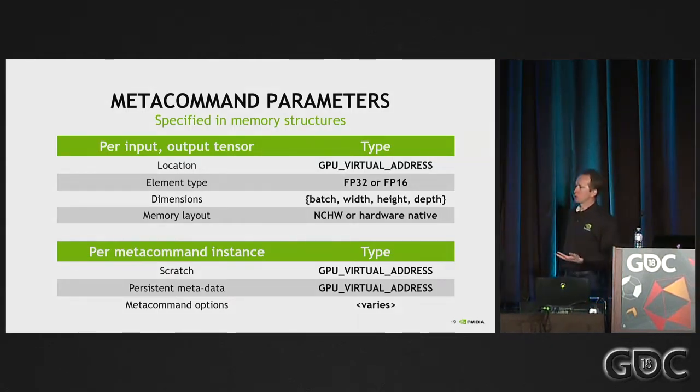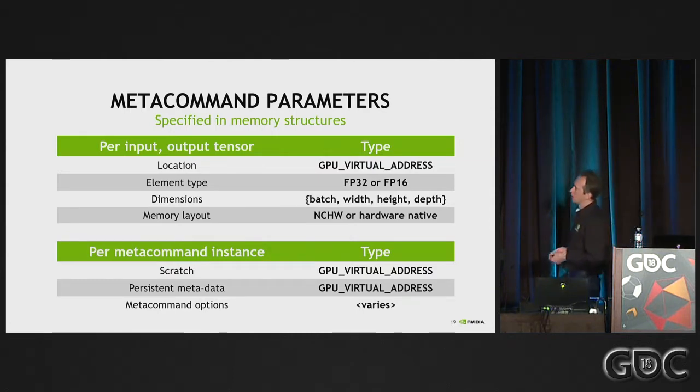One is called NCHW, and this is the standard memory layout, which is typically used in frameworks, and it's well understood. That's the layout you would use if you want to interpret the tensor. For example, if you want to read the output of a meta command, you would specify that format. You need to be able to reason about what's in there. Maybe you want to map it to a texture or display it as an image.